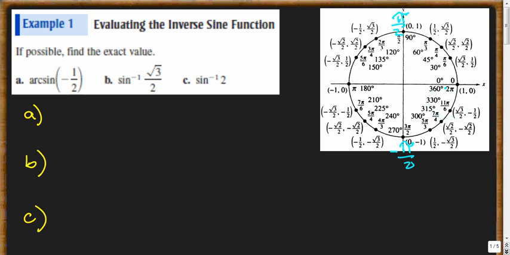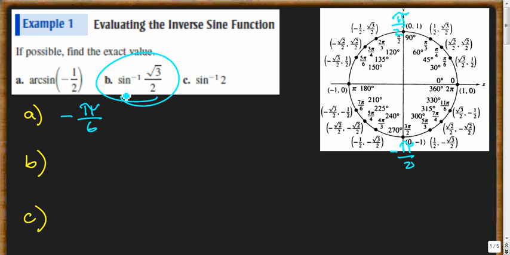And you can think of it this way. It's pi over 6 back from 2 pi, right? That's what 11 pi over 6 is. So what if we did pi over 6 back from 0? Because 0 is the same thing as 2 pi. Well, this would be negative pi over 6. So this is what our answer would be for the arcsine of negative a half.